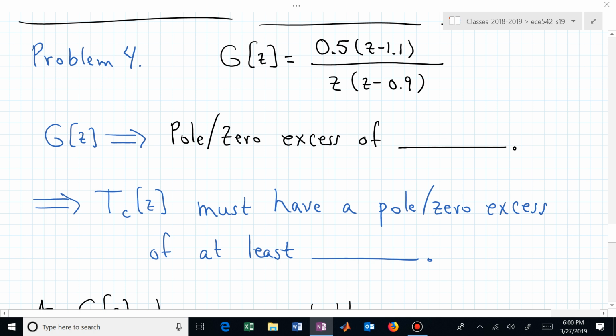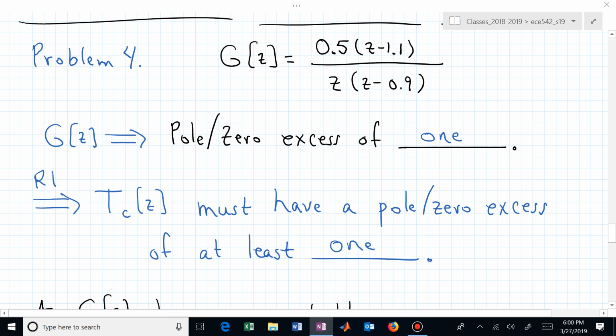What is our pole zero excess? It's just 1. And that says then, based on restriction 1, T sub C of Z must have a pole zero excess of at least 1.